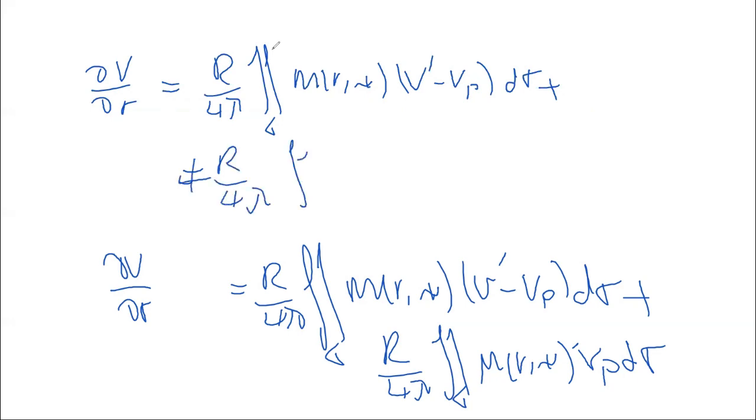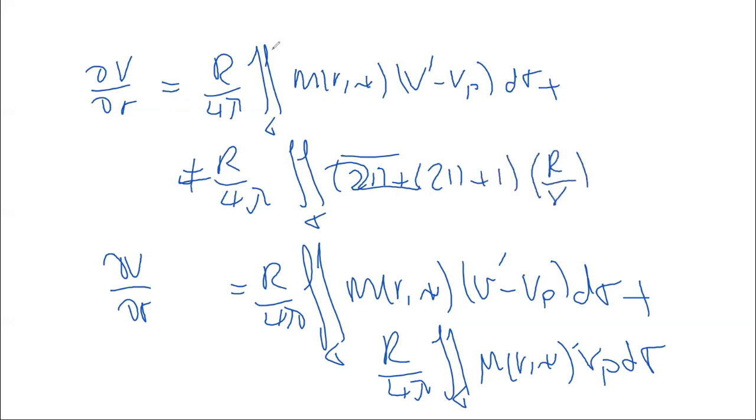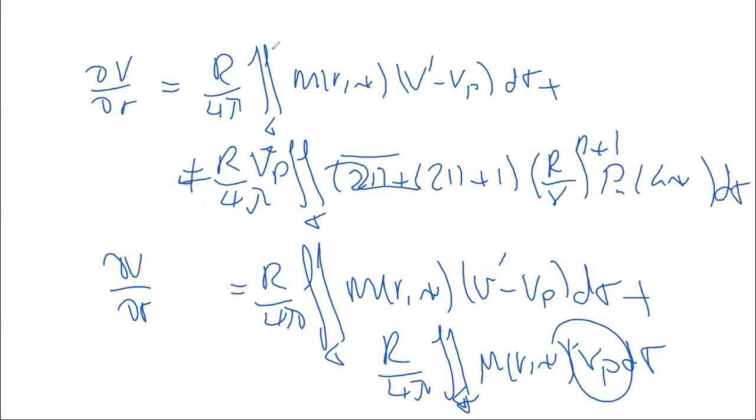I wrote the formula already for you: 2m summation 2n plus 1 r over r n plus 1 pn cosine. But since the computation point is just one point, we do not need to take the integration of it. It can come directly outside the sigma.